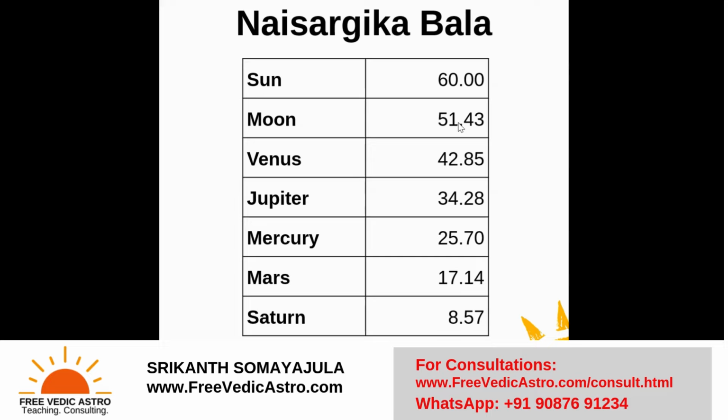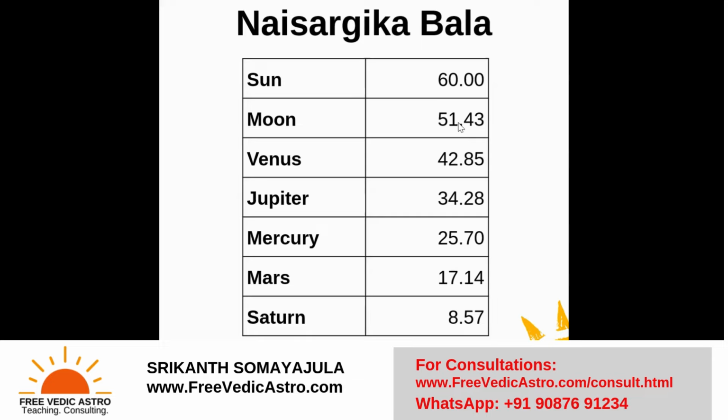The other way of looking at it is, the Naisargika Bala of the planets of tamas nature, like Mars and Saturn, which are tamasic in nature. They are less powerful, or they need less strength to give you the result. Whereas Venus, Mercury, Jupiter, Moon, Sun, these are generally benefic, although Sun is a Krura.